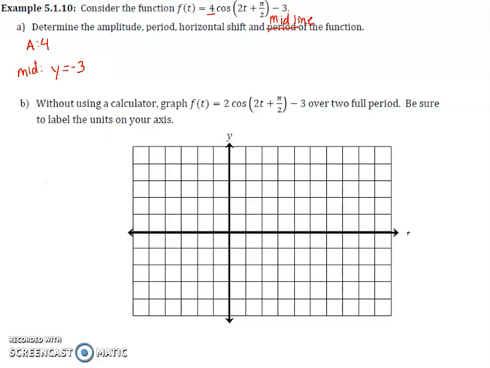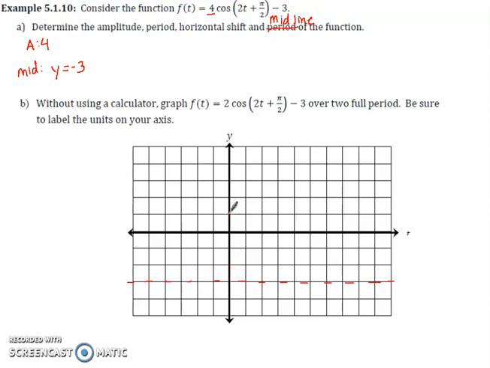So if I just quickly sketch these two things on my graph, I've got a midline at -3, so 1, 2, 3. My midline will be here at this horizontal line. Now my amplitude is 4, which means that we are going to go up 4 from our midline.